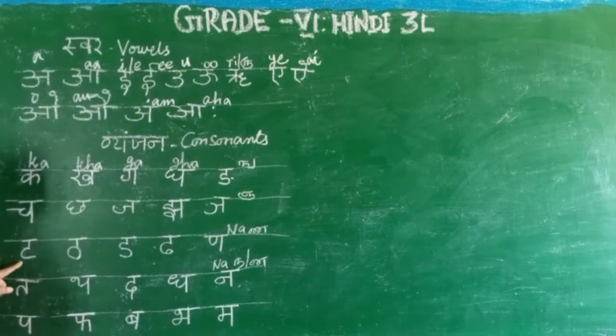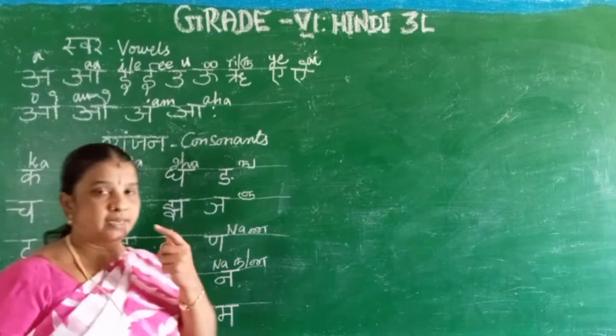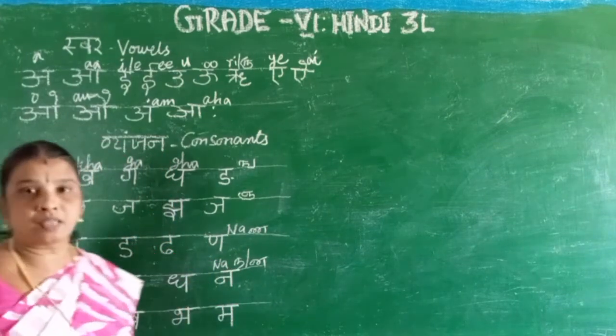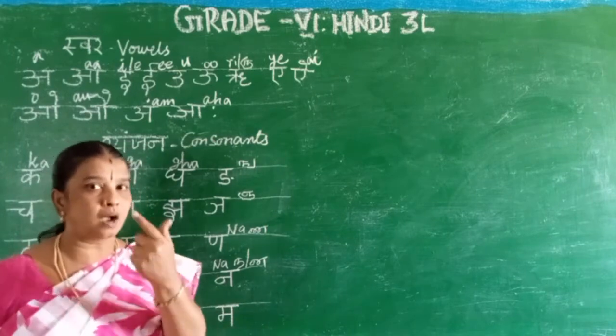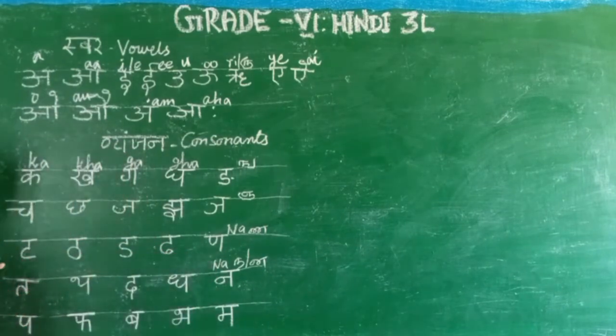Next one, ta. How do you differentiate between this ta and that ta? The ta letter has the tongue upside, and the other ta, as in Tamil, the tongue comes outside from your mouth. So be careful.